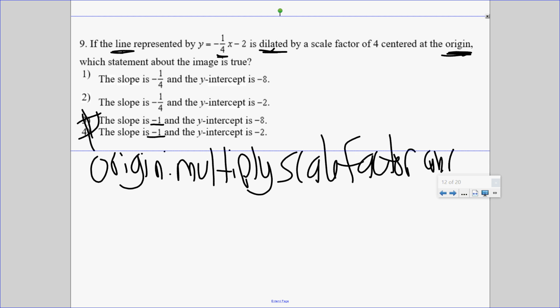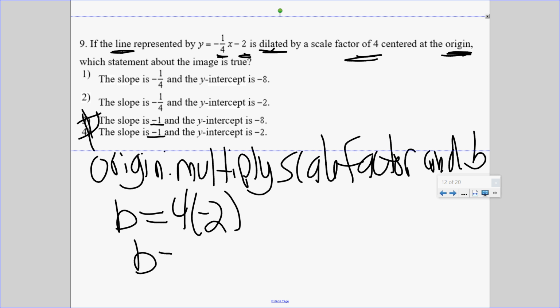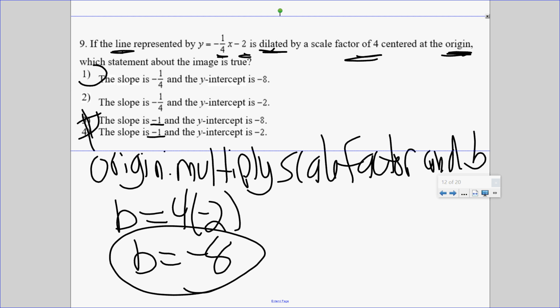Origin's probably easier. You just have to recognize that it says origin and know what to do. If it's origin, your new y-intercept, you're going to multiply the scale factor and the original b. Your new y-intercept is going to be -8. Choice 1 is going to be your answer.